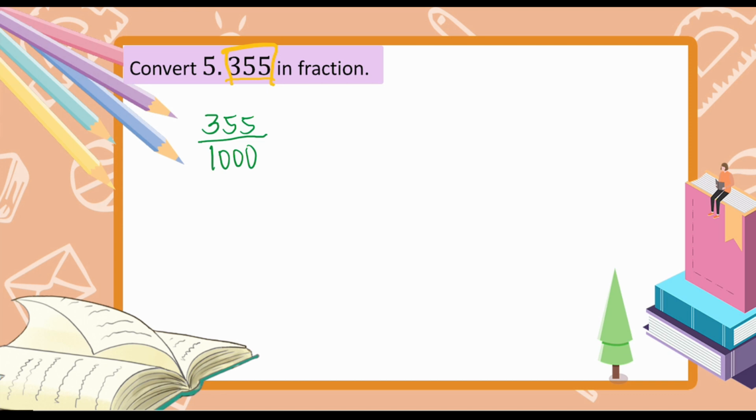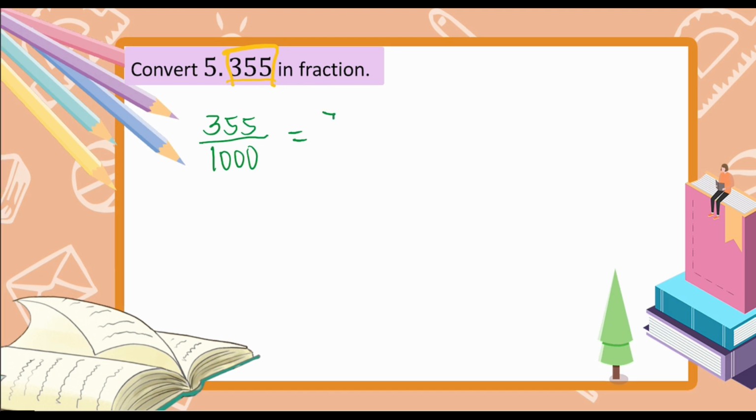And then, get the lowest term. So, they are both divisible by 5. Kaya ang ating lowest term ay 71 over 200. Okay? So, 355 or 0.355 is equal to 71 over 200.